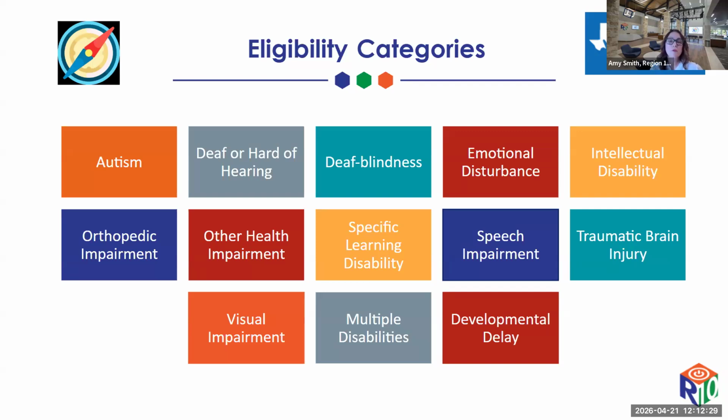The Admission, Review, and Dismissal, or ARD committee, makes the eligibility determination, but the FIE identifies if the student meets the criteria or how they meet the criteria for these different disability conditions. It's up to the ARD committee to determine if they are eligible and require special education services.